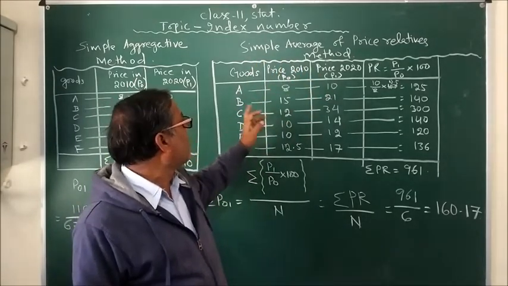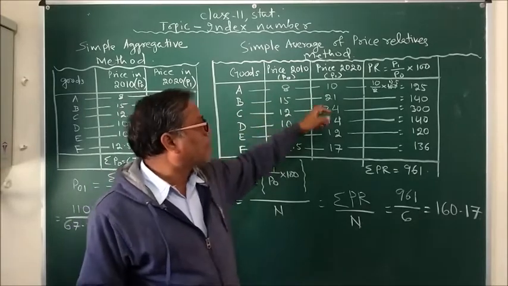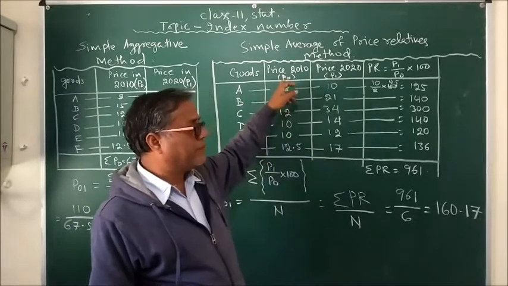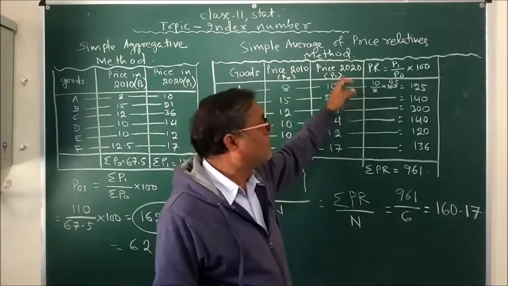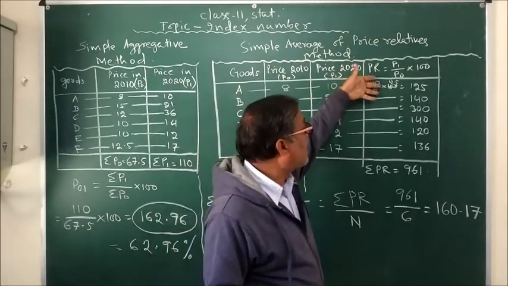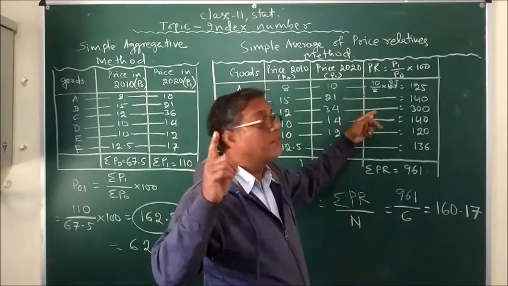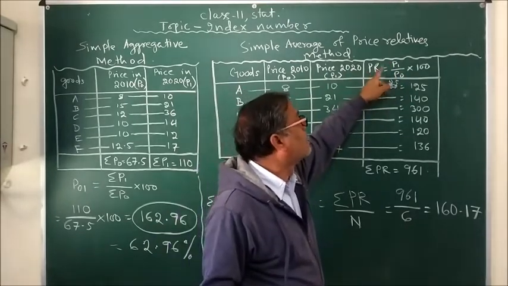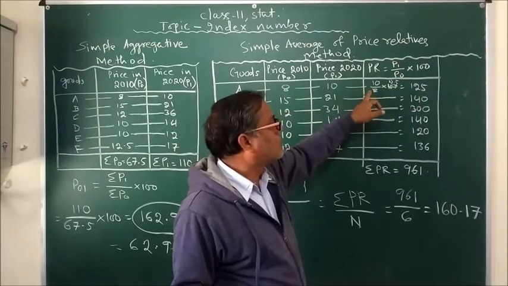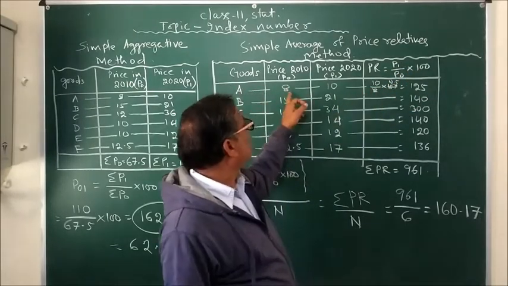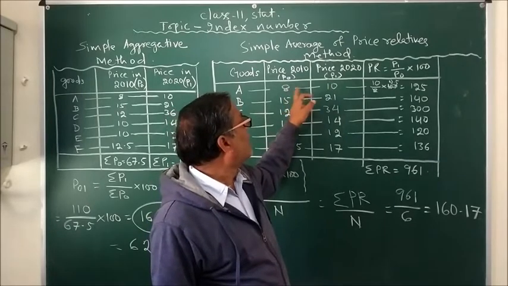Here again it's the same thing: six goods, same prices, P0 and P1. P0 is the base year price, P1 is the current year price, and here at every stage we have to find the price relative, PR, which is P1 by P0 into 100. In the first case the price has changed from 8 to 10.